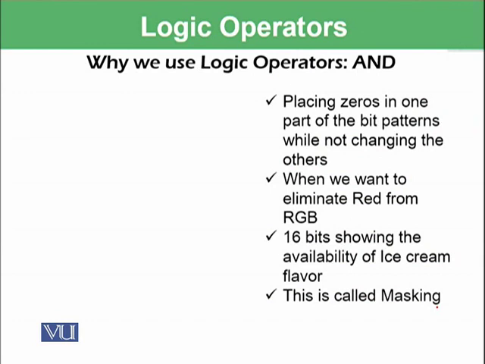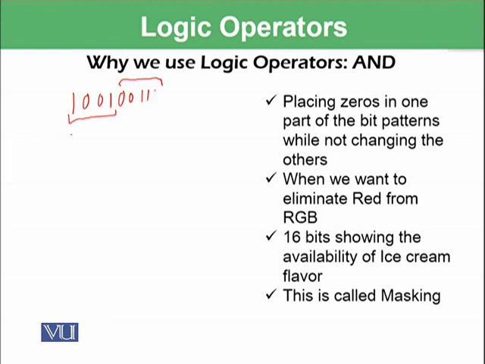For example, there is a situation where you want to place zeros in one part of the bit pattern while not changing the others. Say you have a bit pattern 1 0 0 1 0 0 1 1 0, and you want to place zeros in these 4 bits while not changing the other 4.